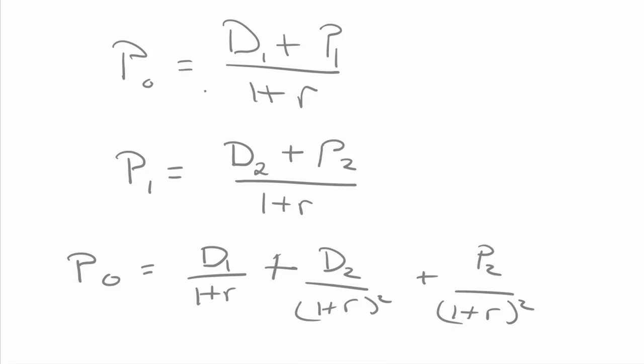Well, now we're basically in the same boat because we have a present value formula, but it's still got the price in it, the price 2 years from now. So what do we do? Well, if we continue to apply the same reasoning, you can see what we're going to get.